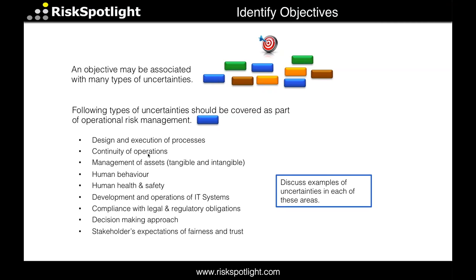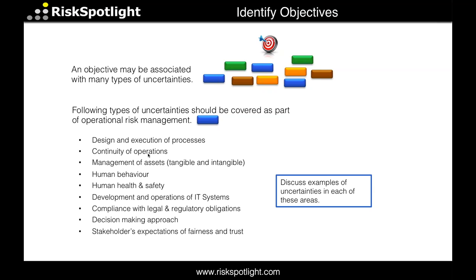All right, then let's look at the next one, which is the decision-making approach. What could be some of the uncertainties where the way we make decisions in our organization could be classified as operational risk? There may be some biases in decision making.